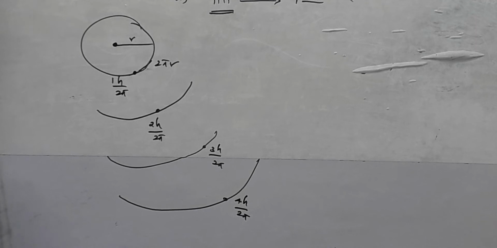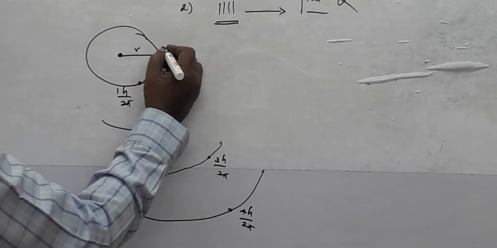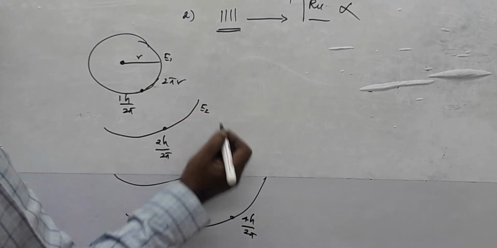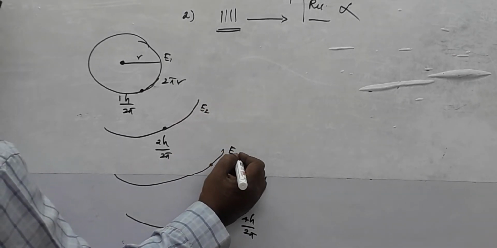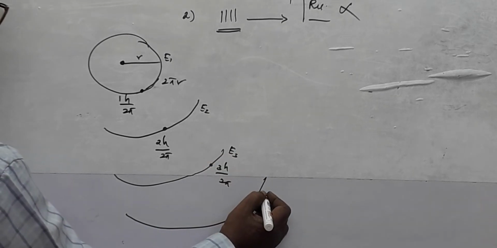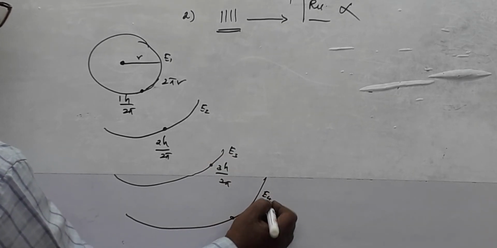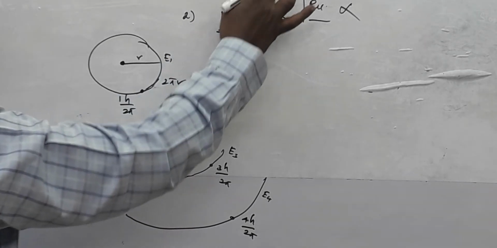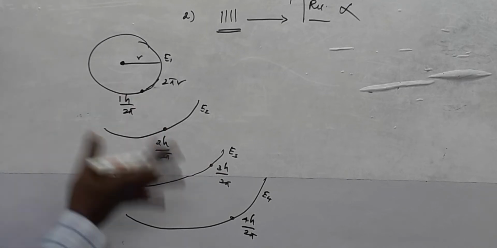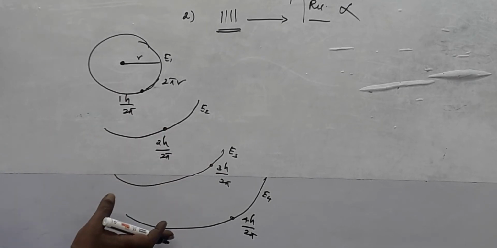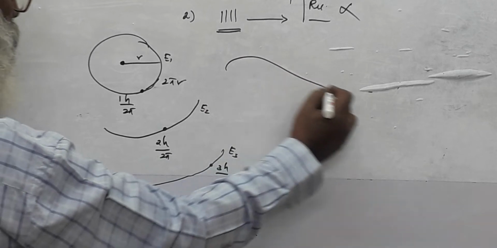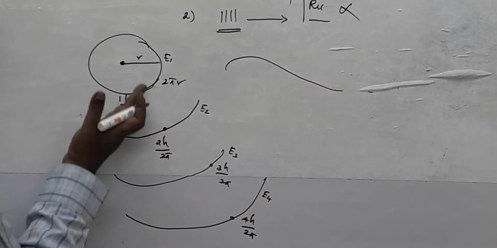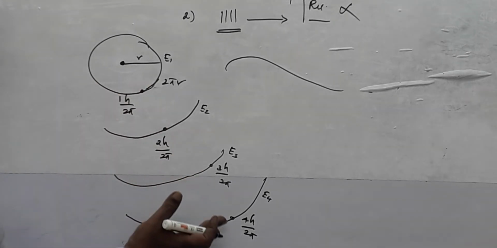Likewise, suppose you assume the energy of the electron in the first orbit is E1. Here the energy of the electron is E2. Here the energy of the electron is E3. So here the energy of the electron is E4. So Niels Bohr suggested that there is no specific energy of an electron to emit continuous spectra, because it is discrete; it depends on the orbit and may change from orbit to orbit.